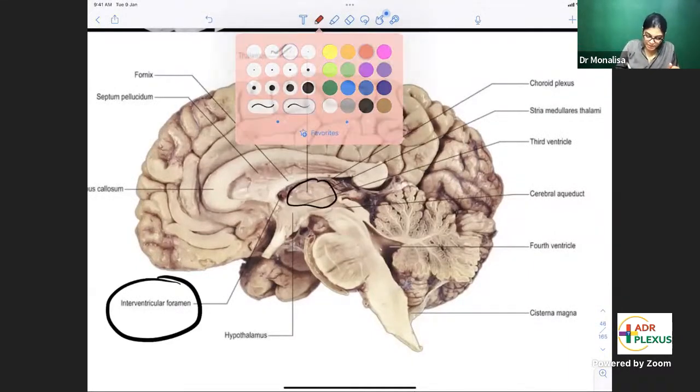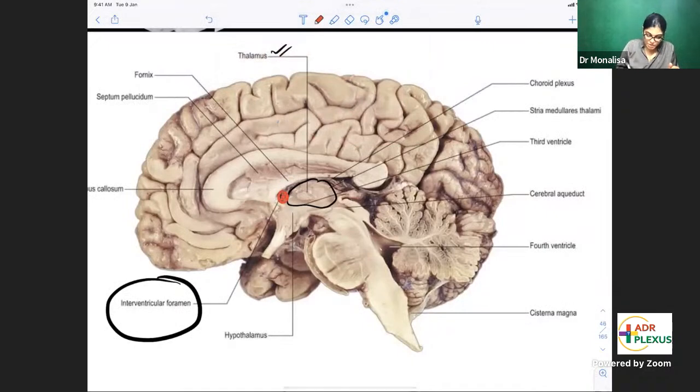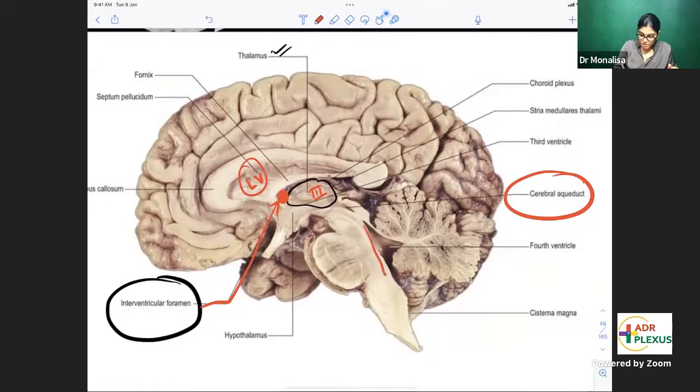This foramen is the interventricular foramen of Monro, forming communication between the third and the lateral ventricle. Here you can see the cerebral aqueduct forming a communication with the fourth ventricle. So interventricular foramen of Monro is definitely the right answer.